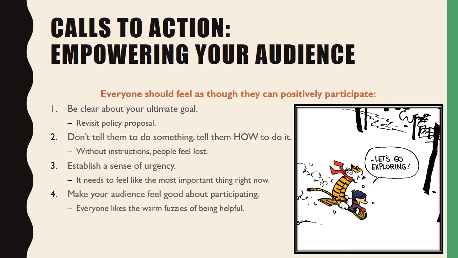And finally, you want to make your audience feel good about participating. You want them to feel as though they're having a positive impact. You want them to feel those warm and fuzzies because they're helping, because you've convinced them of your side, you've convinced them that your policy proposal is correct and that they should participate. They're going to feel good about having changed their minds and now participating on your side.